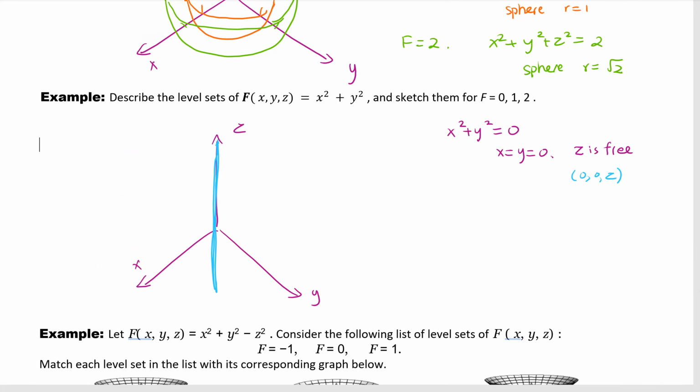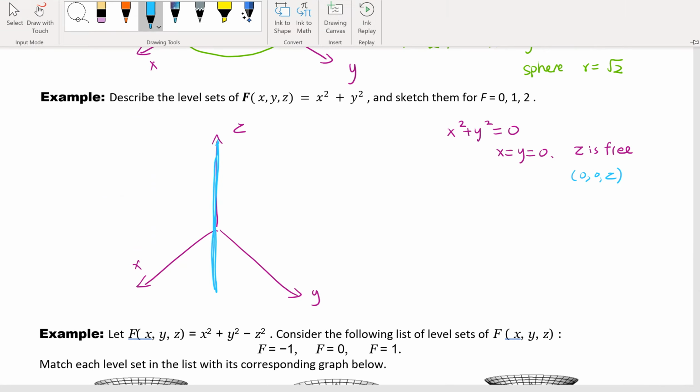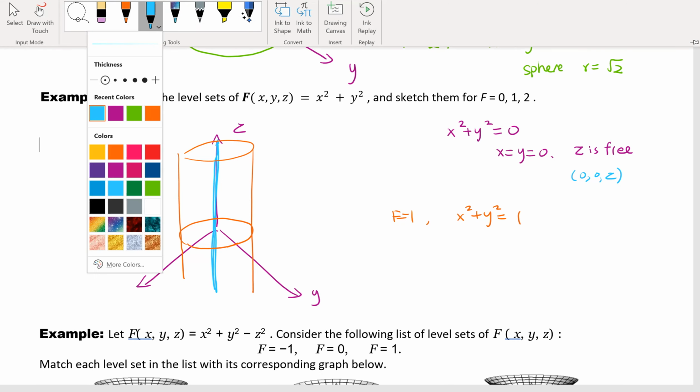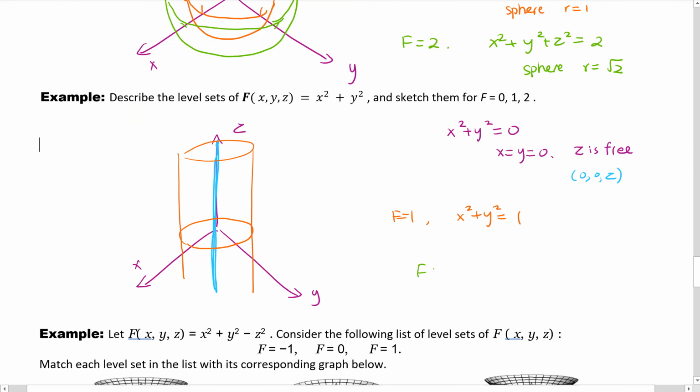Can you imagine, everybody? And next, when f equals 1, then we have x squared plus y squared equals 1. Well, this is the circle on the xy plane, but if we put it in the space, it's a cylinder. Alright, how about when f equals 2?